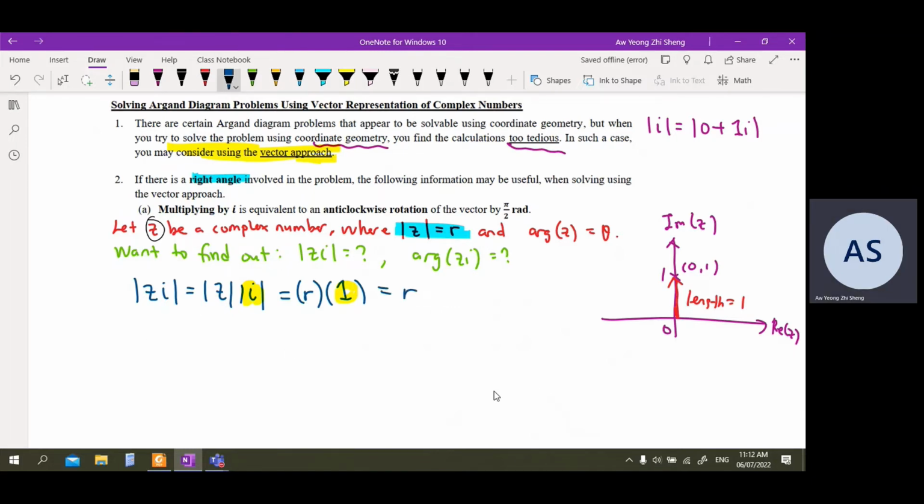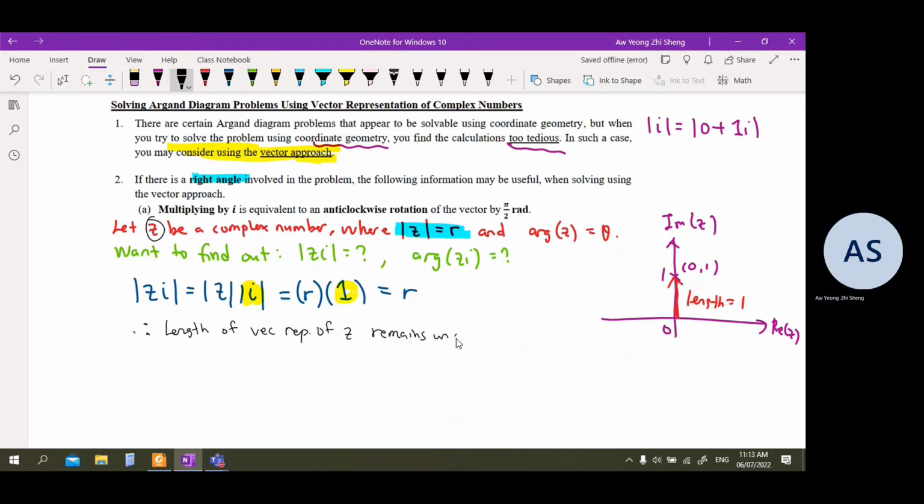So what can we deduce from here? The modulus of z is r. The modulus of zi is also r. That means the length of the vector representation of z remains unchanged when z is multiplied by i.